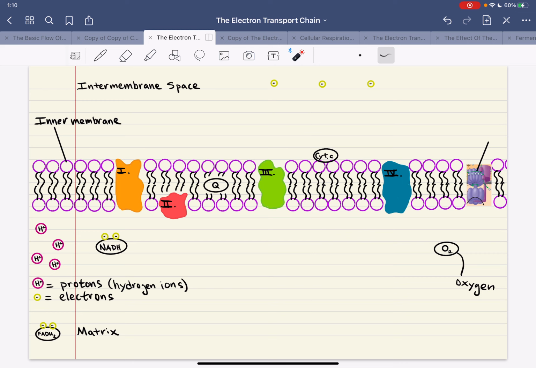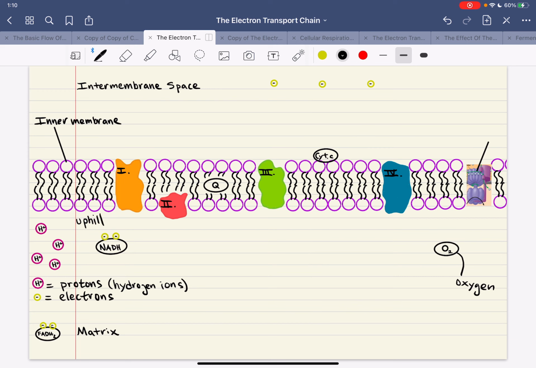So let's do this. Next thing we want to do is trace the flow of electrons down the ETC. Now, let's always keep in mind our analogy. I know there's no hill here, but the left side of the ETC is, in a sense, at the top of the hill or the top of the diving board.